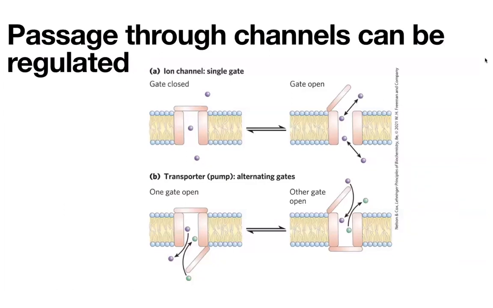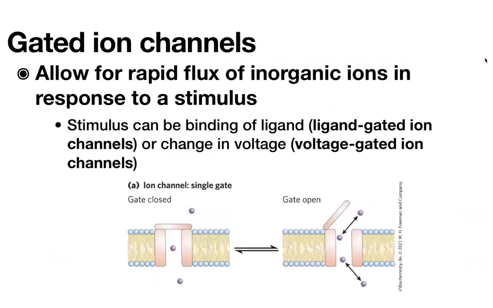Some have a single gate, so they're closed on one side, and then you can open that one side. Some are more like pumps, with alternating gates, where one gate will open to one side, and then something happens that causes that gate to close and the gate to the other side to open. So there are different strategies for regulating passage in and out.